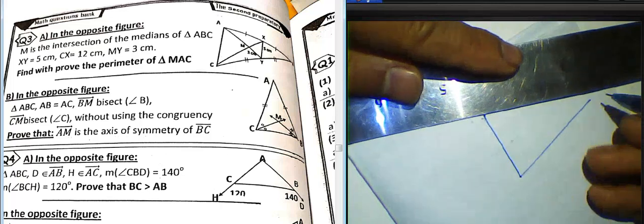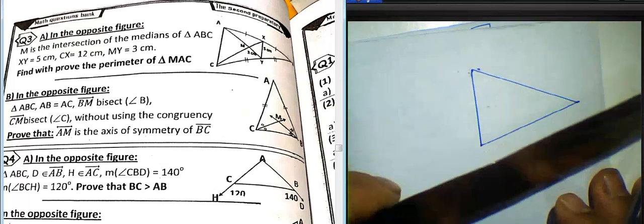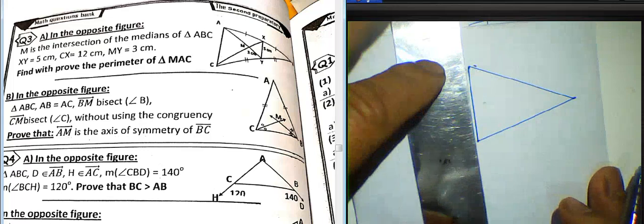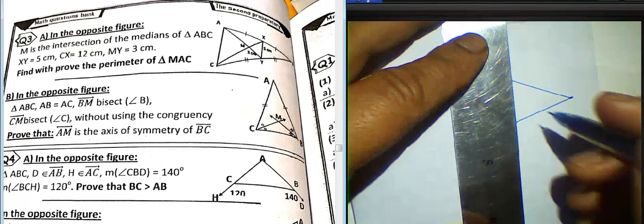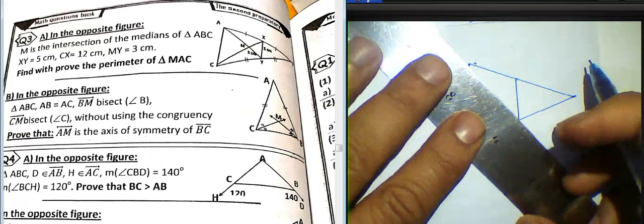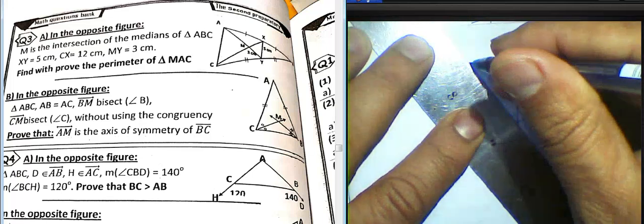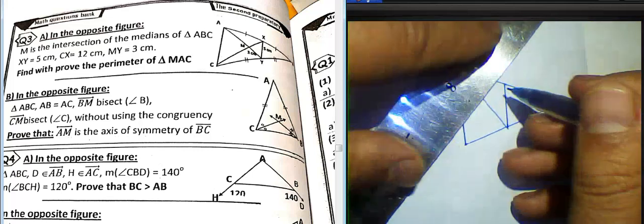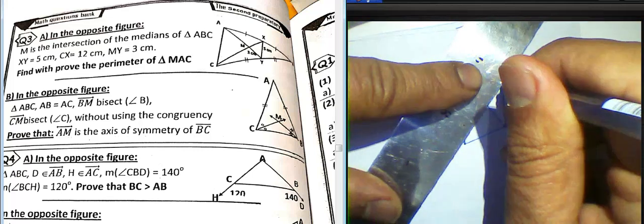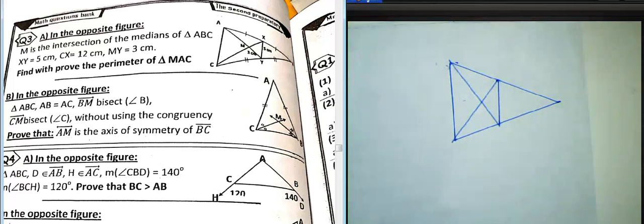We know the 3 medians in any triangle intersect at one point, and this point divides each median in the ratio 2 to 1 from the vertex to the base, that is, 1 part from the base and 2 parts from the vertex. Look with me here.